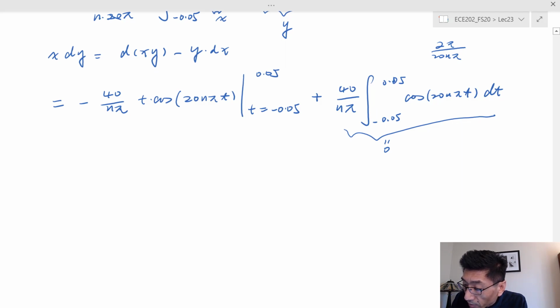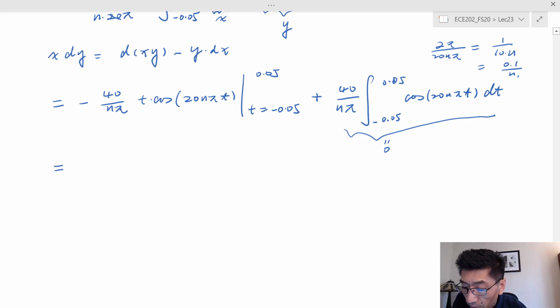So we got 1 over 10 times n, or we got 0.1 over n. So the period is n times the fundamental period, which is 0.1. So if you integrate over the fundamental period, that means that's n times the sinusoidal waveform. So therefore, you get a 0 for sure, and we're only going to need to care about the first term.